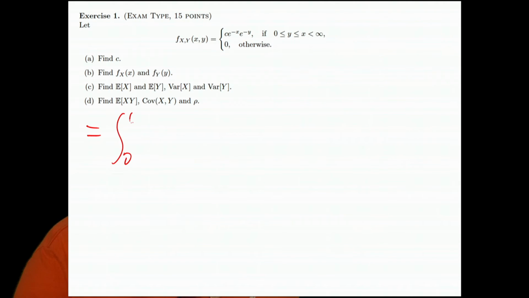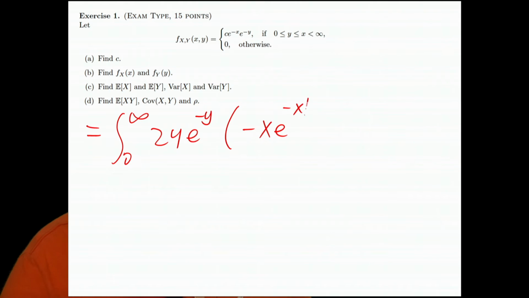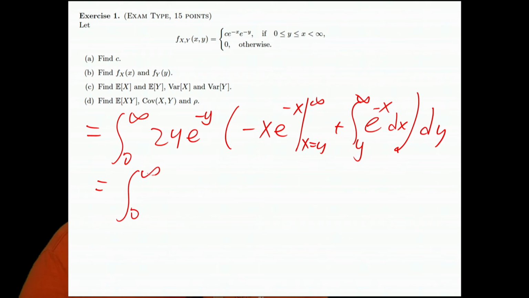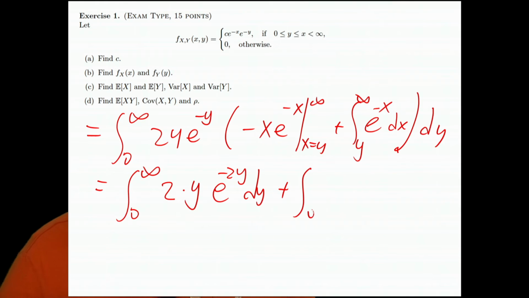I will get minus x exponential to the minus x, and x from y to infinity, plus the integral from y to infinity of exponential minus x dx dy. You can do the arrangement. Finally, you have the integration from 0 to infinity 2 times y times e to the minus 2y dy plus 2 times y exponential minus 2y dy.